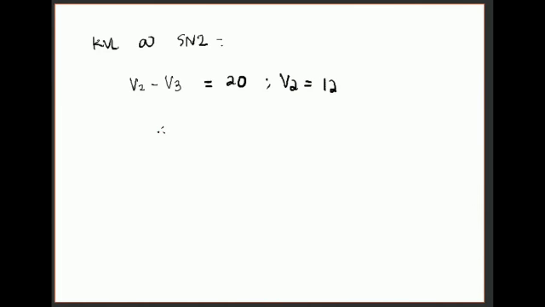Therefore, we can now solve for V3: minus V3 equals 20 minus 12. So V3 is equal to minus 8 volts.